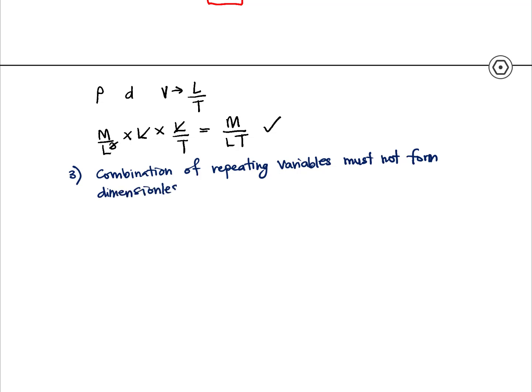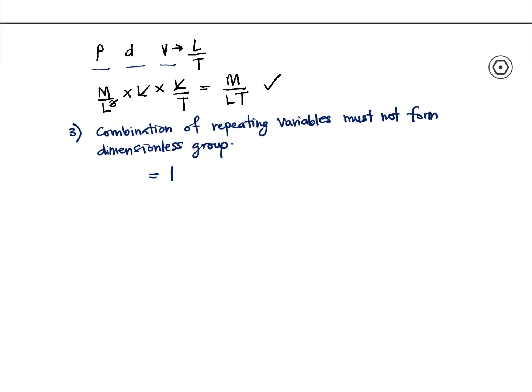Which means if you multiply rho, d, and v, if you get 1, which has no units, then that is what we call a dimensionless group. So if we select a combination of repeating variables which comes out as a dimensionless group, then it is impossible to generate the values for the pi's.